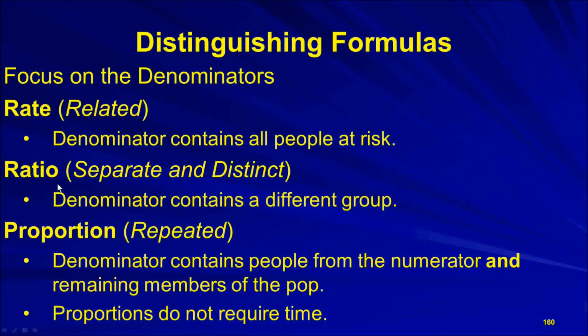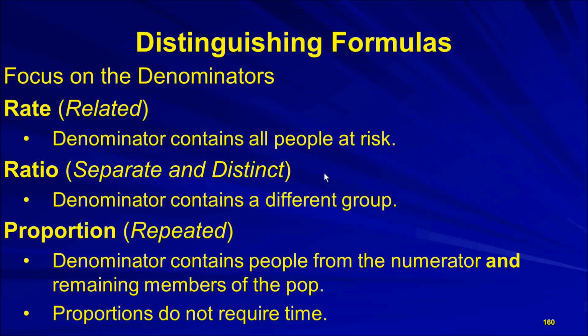In the case of a ratio, the numerator and the denominator are separate and distinct. That means you can either fall into the numerator or you can fall into the denominator, but you can't fall into both. Okay, it's dichotomous. So a good example would be gender.